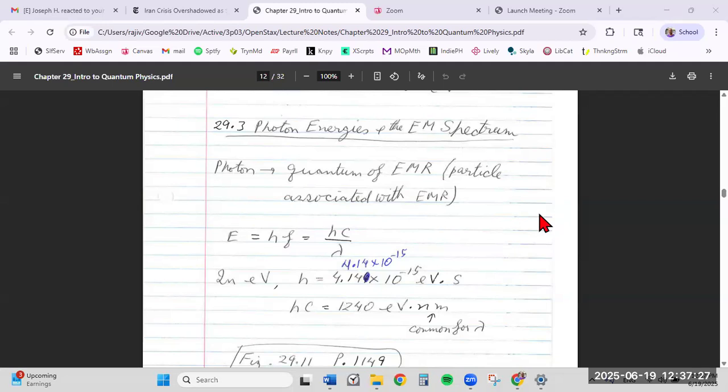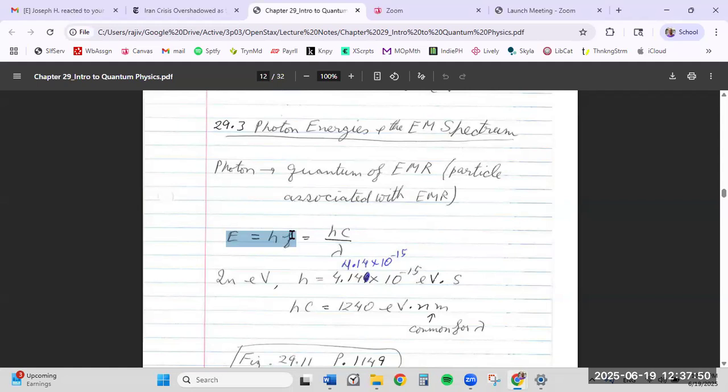And these particles of light are called photons. A photon also has energy associated with it, and that's equal to Planck's constant times the frequency. That's shown here in this equation, E equals hf.